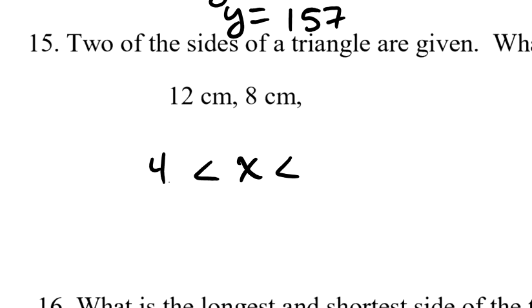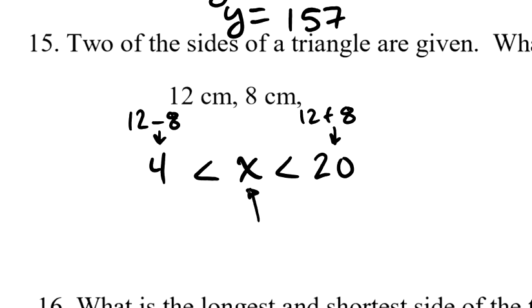So it has to be bigger than 4, but it has to be less than 20. And again, what I'm doing here is taking 12 minus 8, the difference in the numbers, that's giving me my lower bound, and 12 plus 8 is giving me the upper bound. So all of these values of x would form a triangle as long as x is in that range.